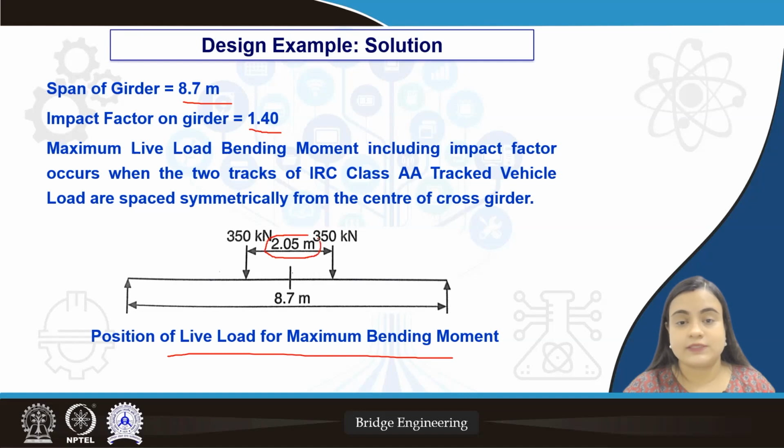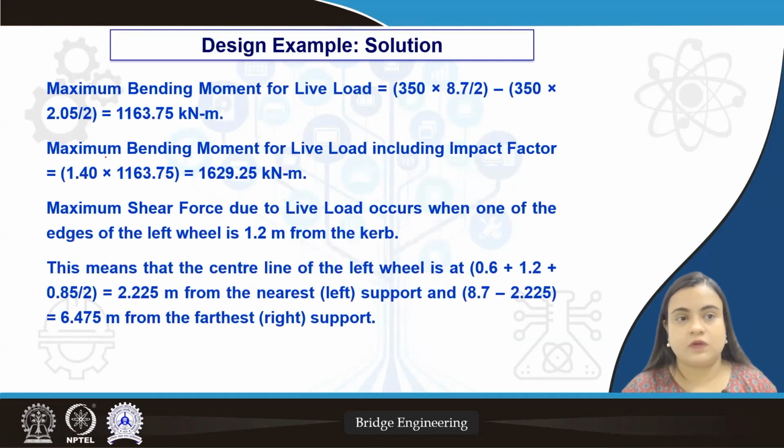We know that for IRC class AA tracked vehicle, the inner edges have a distance of 1.2 meter and each of the wheels has a wheel imprint dimension of 0.85 meter. So 1.2 plus 0.85 gives us 2.05 meter. So maximum bending moment for this loading position can be obtained by drawing the shear force diagram from the loading diagram and subsequently drawing the bending moment diagram.